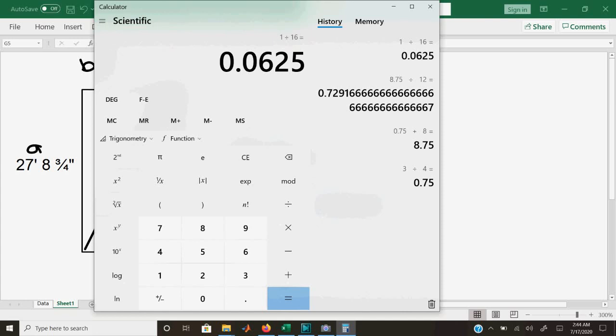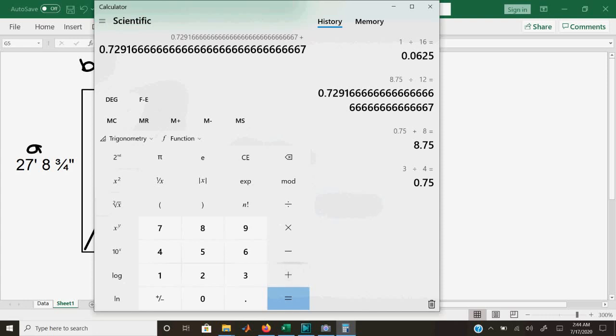It's kind of a complicated thing, but anyway, now that I know I need 4 decimal places, I'm actually going to use 6 to avoid rounding errors. I'm going to recall my number here, which was the decimal number of feet, 8.75 divided by 12. I'm going to add that to the 27.